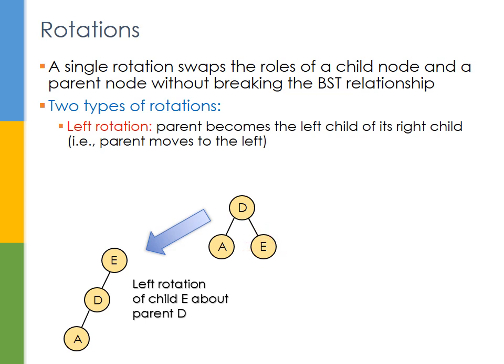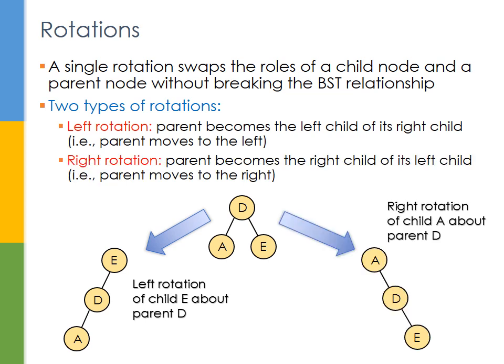So what we then have is node E, the previous parent, node D, has become its left child, and then node A remains the left child of node D, as was the case originally. So in terms of the terminology that we would use, we've performed a left rotation of child E about parent D.